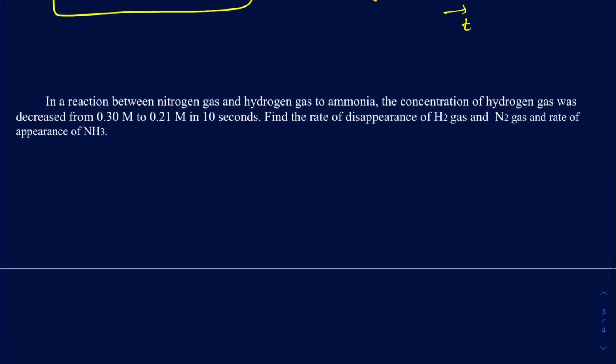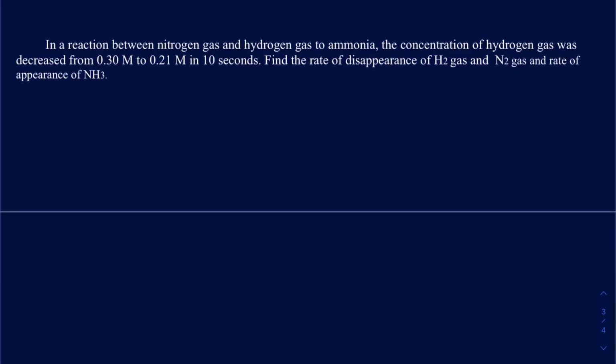Okay, let's look at this question here and see if you can do this. We're still talking about the reaction of nitrogen gas and hydrogen gas, and you're told that the concentration of hydrogen gas decreased from 0.30 to 0.21. So what's the change in the concentration of H2? You always write down the final minus the initial.